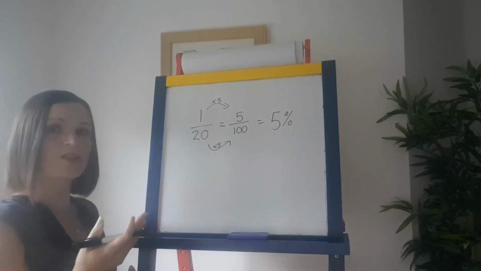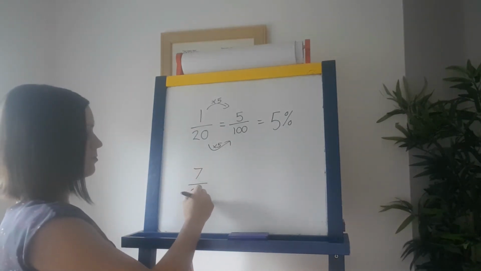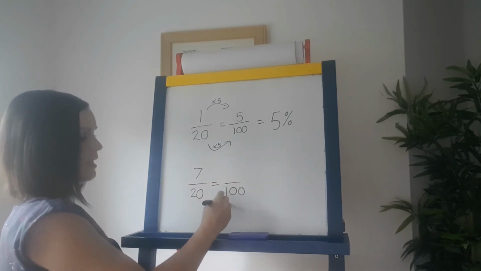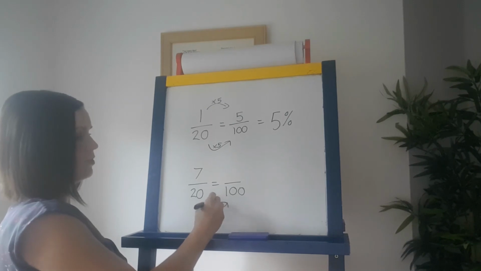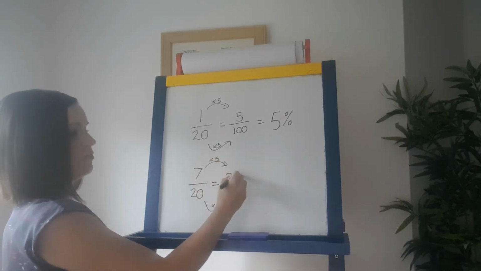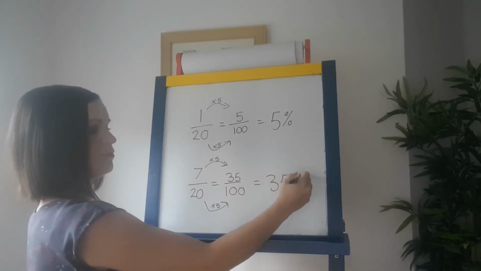So if you were to have something like 7/20ths, well, you multiply your bottom by 5, so you do the same to the top. 7 times 5 is 35, which equals 35%.